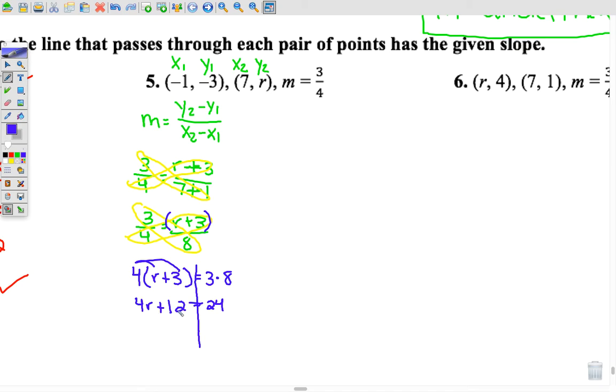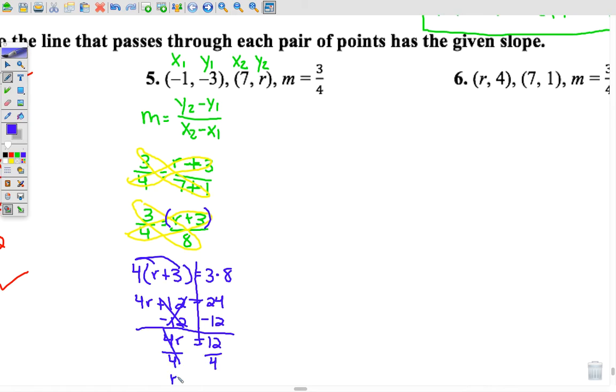We're solving for r, so subtract 12 from both sides. Okay, those cross off. You have 4r left over is equal to 24 minus 12 is just 12. To get r by itself, divide both sides by 4. So you'll end up getting r is equal to 3.